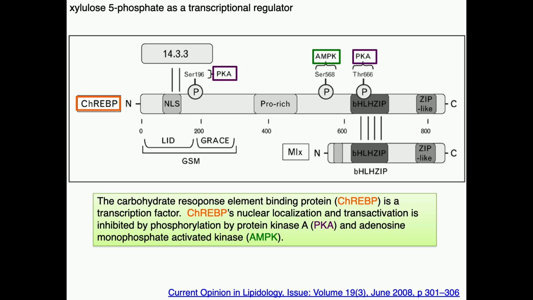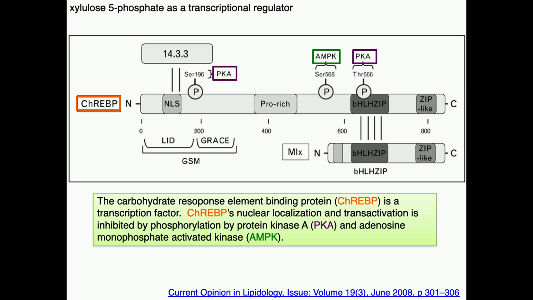I apologize for this, but CREB is the cyclic AMP response element binding protein. This is ChREBP, carbohydrate response element binding protein. There's a little bit of overlap because they're both PKA substrates.